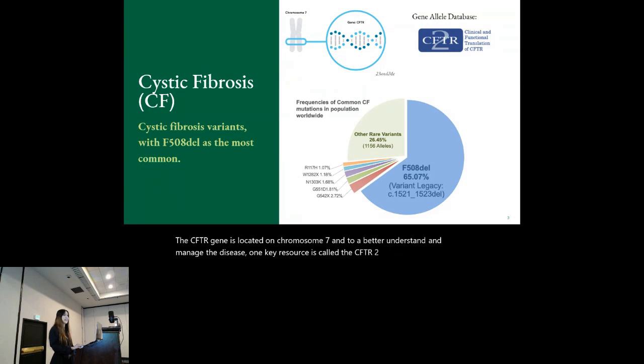This comprehensive database offers a curated list of CFTR gene alleles, where every allele can contain one or multiple mutations. Among over 1,000 mutations identified, the F508 deletion variant, which involves a deletion of 3 nucleotides, is the most common CF disease-causing mutation, accounting for about 65% of the cases worldwide.